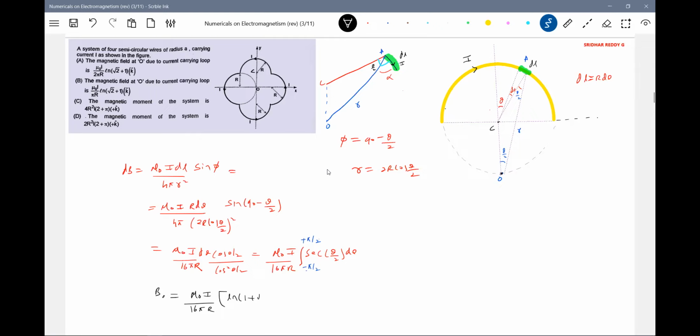Yes, 4 pi r. Now what is the net magnetic field? 4 B naught. Looking at the direction, what is the possible direction? Should be k cap.